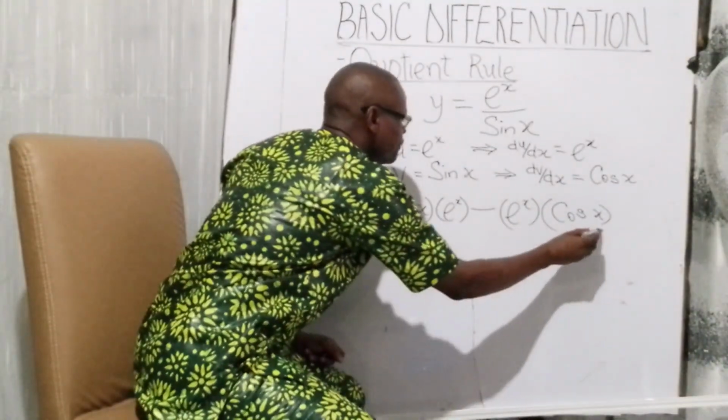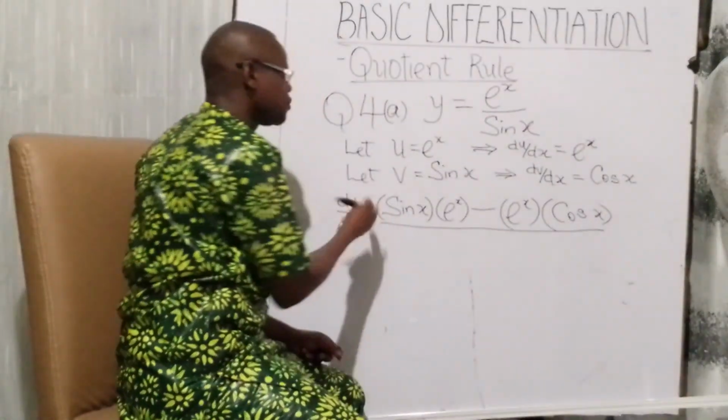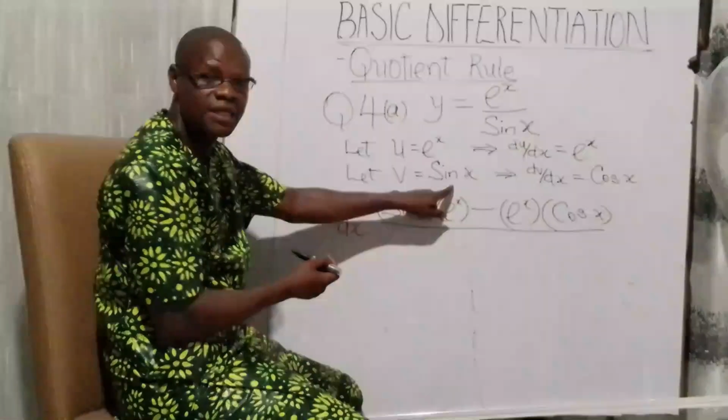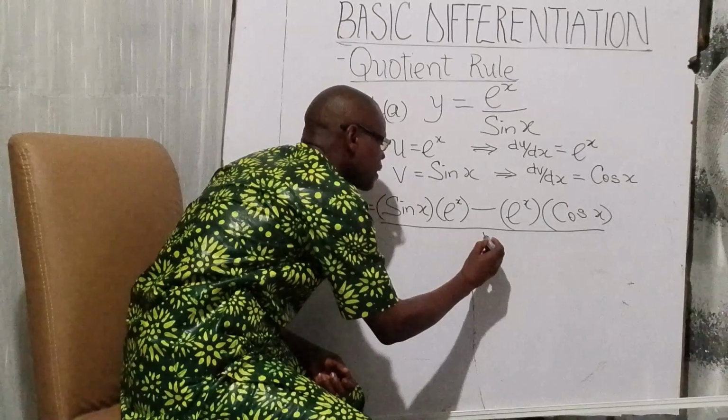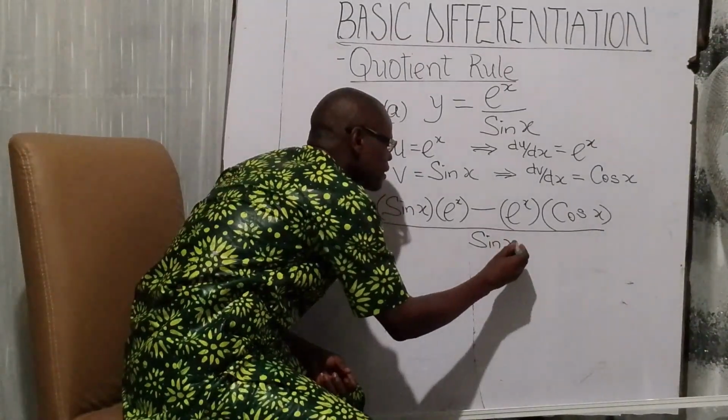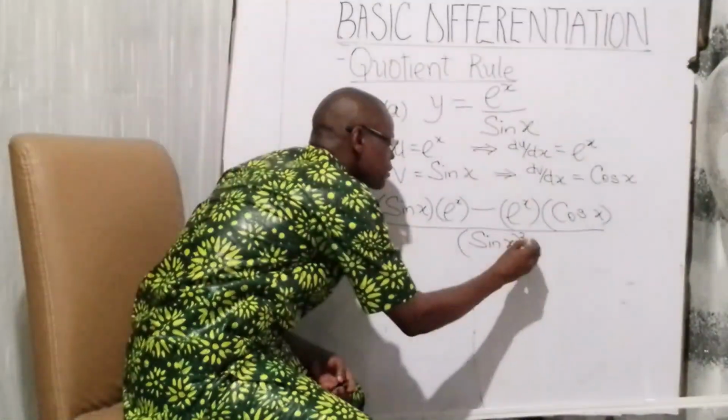Then we divide everything by v squared, and our v here is sine x, so we have sine x all squared.